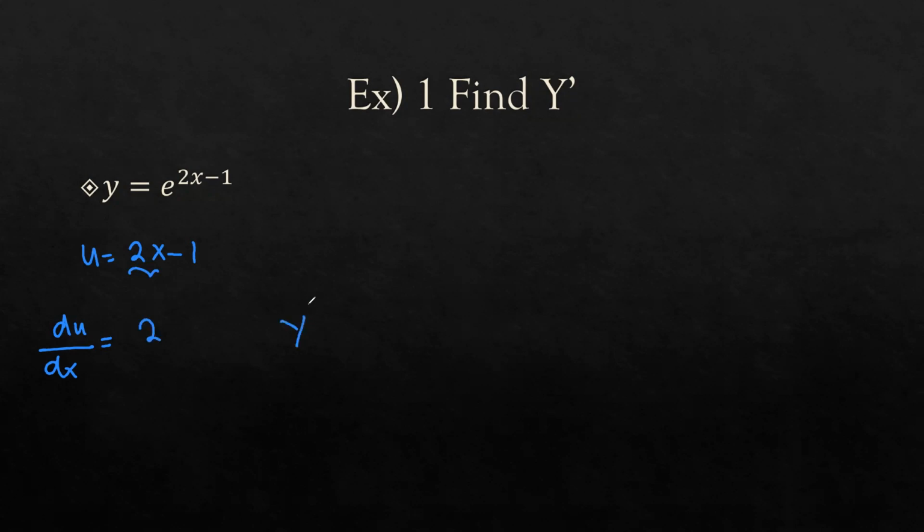So you can say y prime is e to the u, where u is 2x minus 1, times the derivative of the power, which is 2. And 2 is a constant, so you could put the 2 in front of e, so y prime equals 2e to the 2x minus 1.